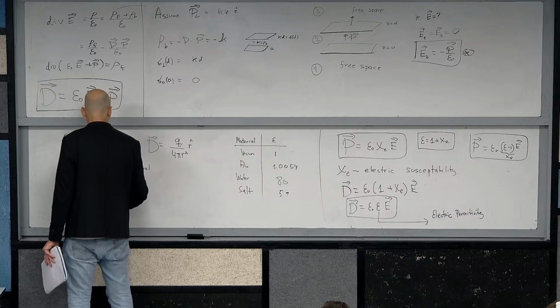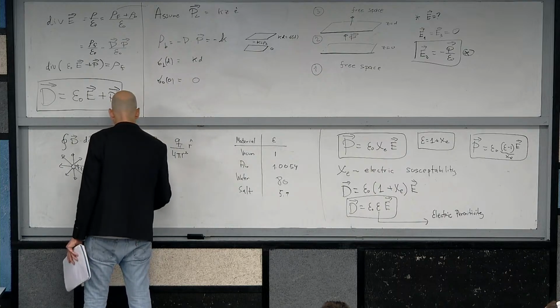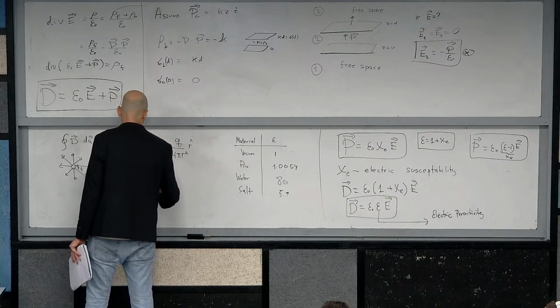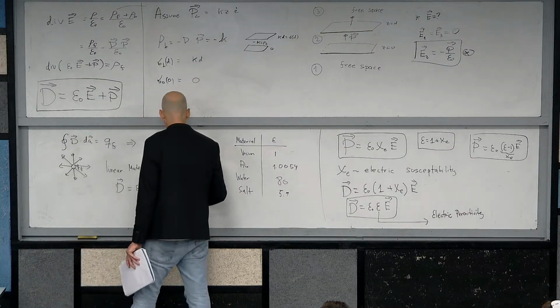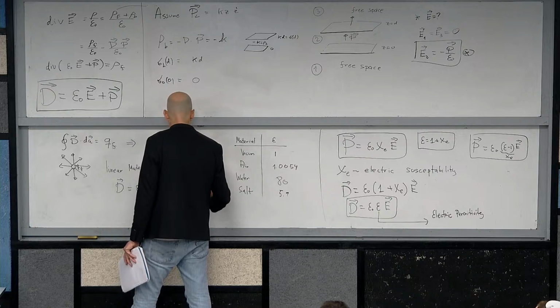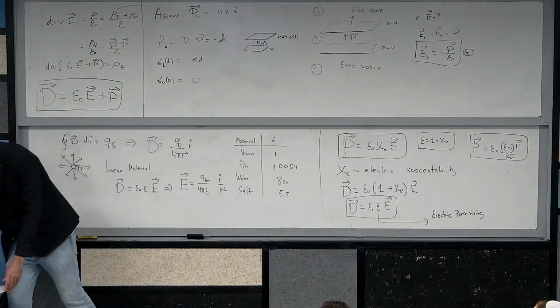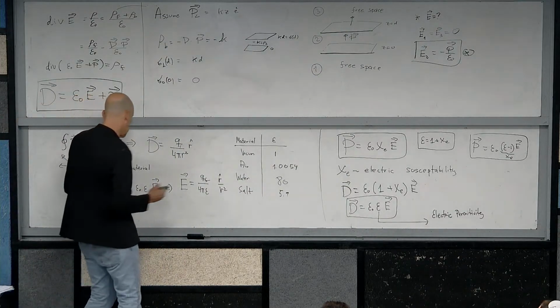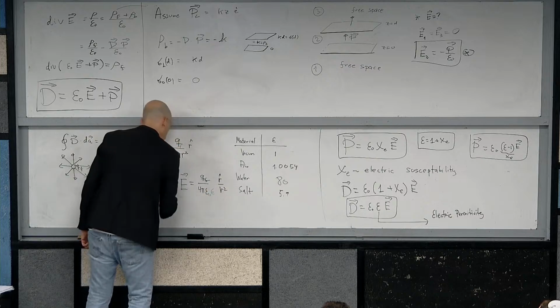Then I know that D is equal to epsilon E. And from here I know E, which is Q over 4 pi epsilon 0 r squared, and the new thing here is, of course, this epsilon_r.